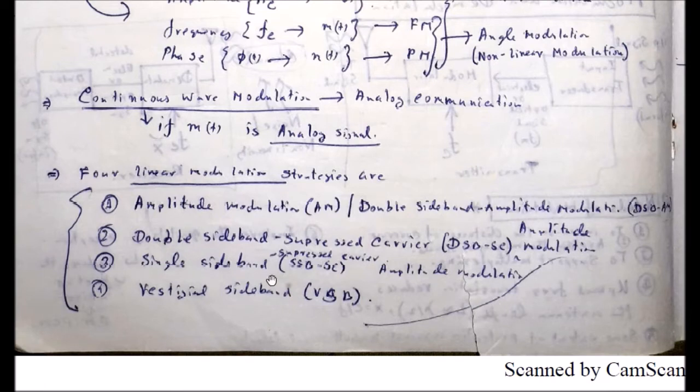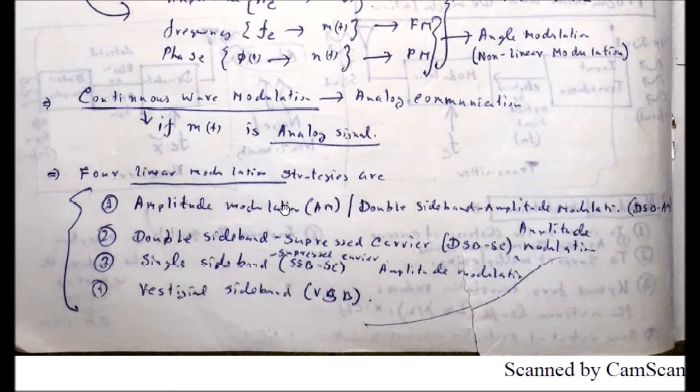Third one is the single sideband suppressed carrier modulation, SSB-SC. Again, it is slightly better than the double sideband suppressed carrier modulation in some aspect. Again, some disadvantages are also there. I will discuss later. And the fourth and final one is the vestigial sideband modulation.